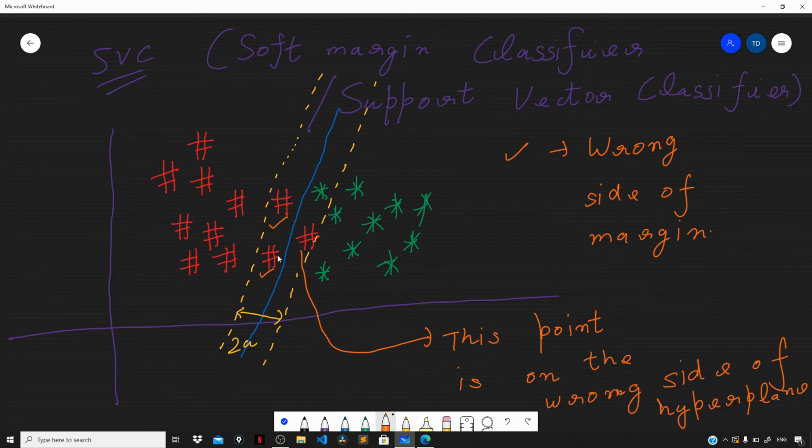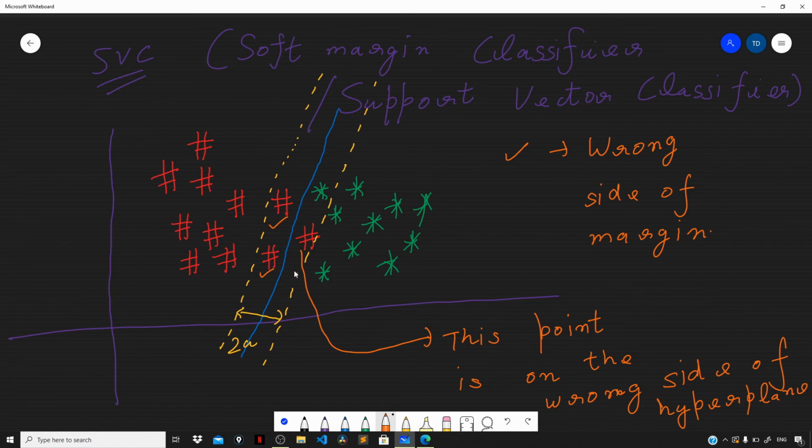Now these 2 points that are represented by orange ticks, namely these 2 hash points, are on the wrong side of the margin. This means that they lie within the distance of the margin and not at a distance greater than or equal to the margin, which was the case in maximum margin classifier as we had discussed. So that is why we are saying that these 2 points are on the wrong side of margin. Next, this point is a hash point that is lying on the wrong side of the hyperplane.